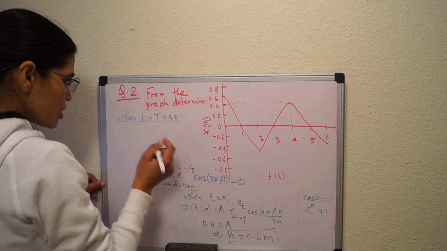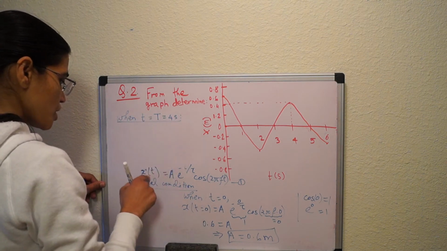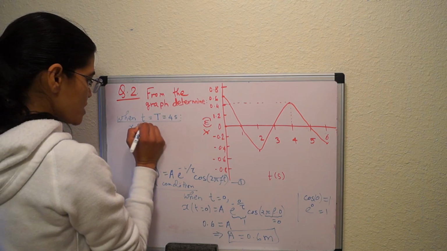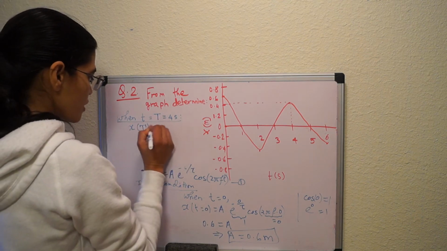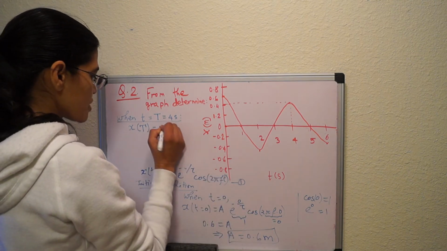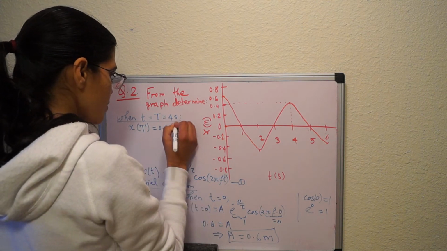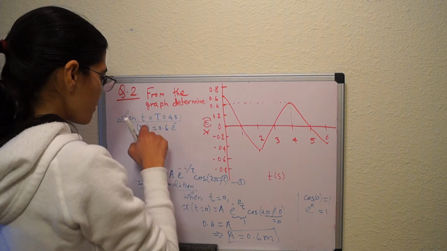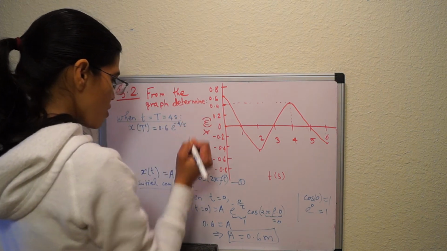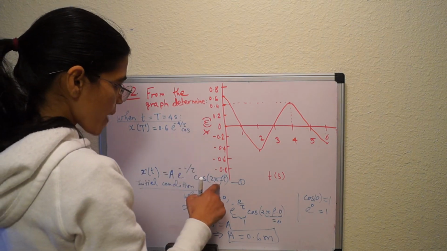So when t equal to T, the period, 4 seconds, what happens to equation 1? Equation 1 becomes like this: x of capital T, in place of t here, equal to A, which is our 0.6, times e to the power minus, in place of t now we have the period 4 seconds, so 4 divided by tau, and then cos 2 pi times f.